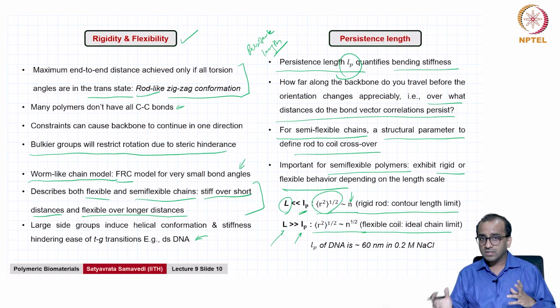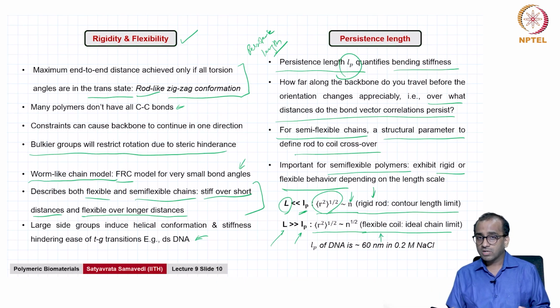These represent the two extremes. Can you now see how to contextualize this in the garden hose example? You can try it as an exercise and see in which case you would consider it the rigid rod, and in which case a flexible coil, as we have described here. This is important for two reasons.